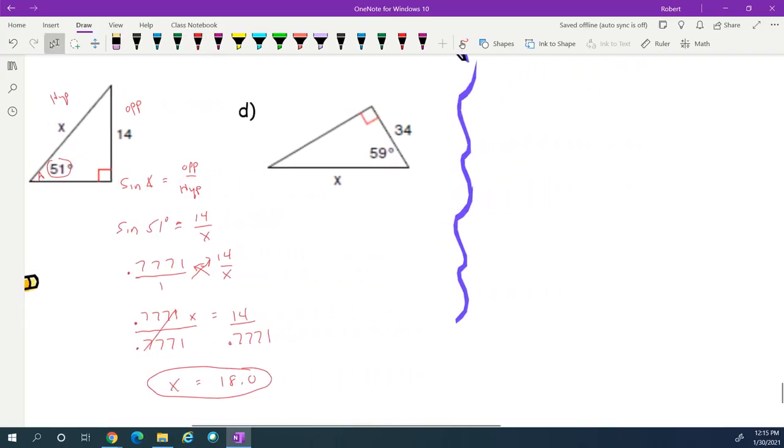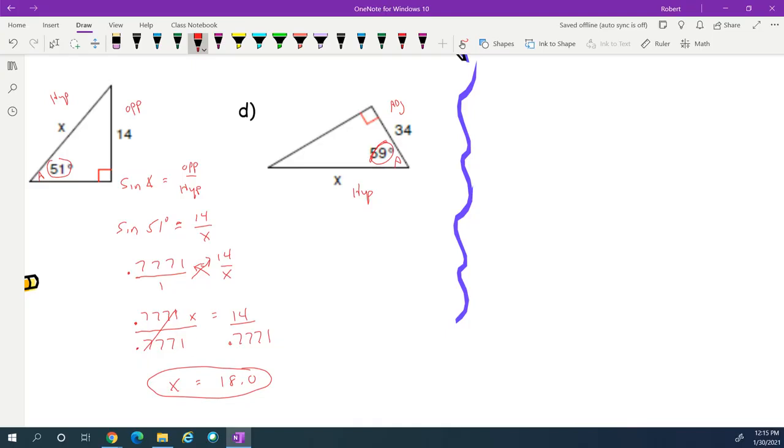So in our last example here, again, identify your angle, identify your two sides, hypotenuse and adjacent. We're going to grab our formula, hypotenuse and adjacent.